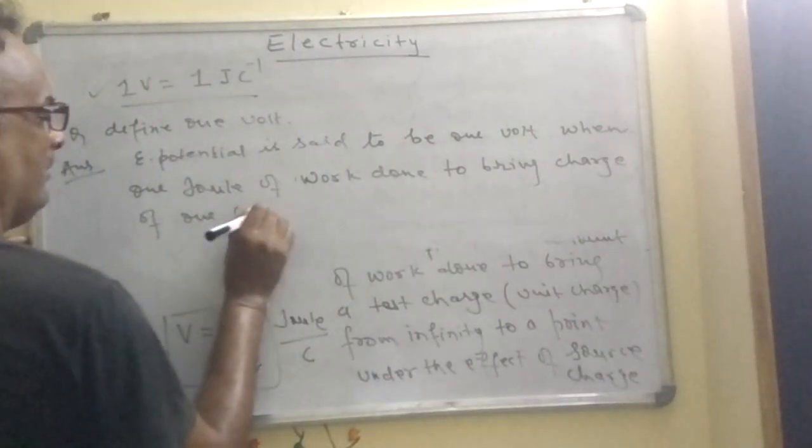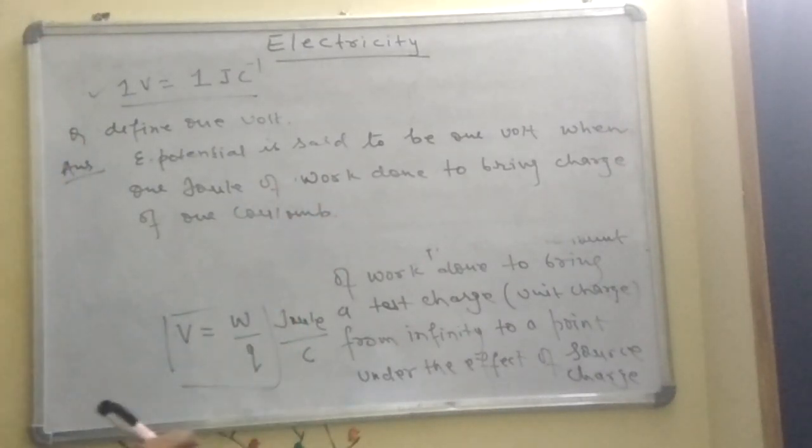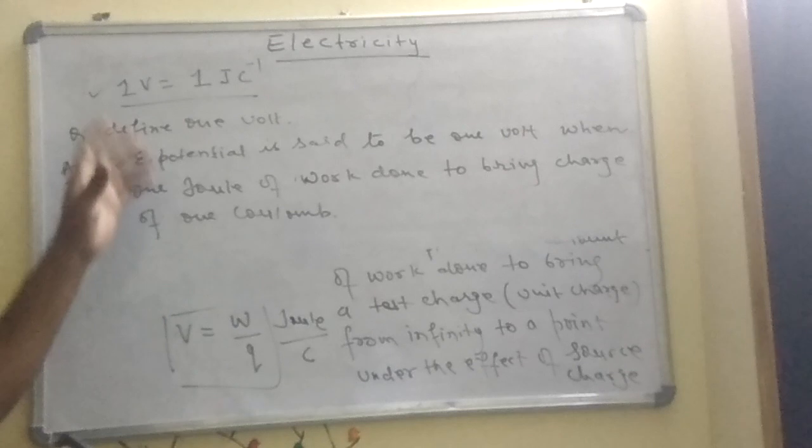Very simple. Okay, 1 coulomb. So this is called electric potential. Right? This is called 1 volt.